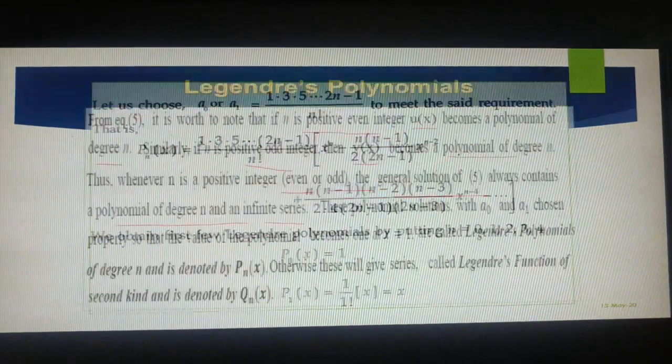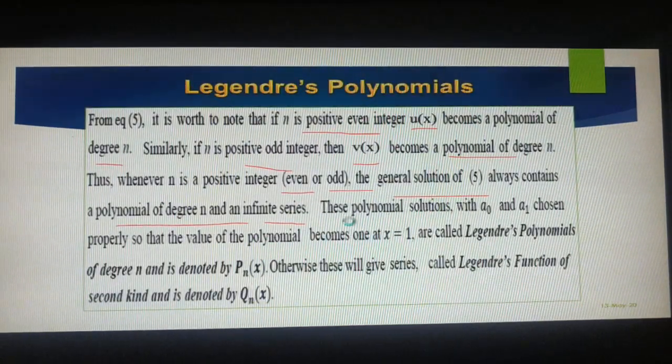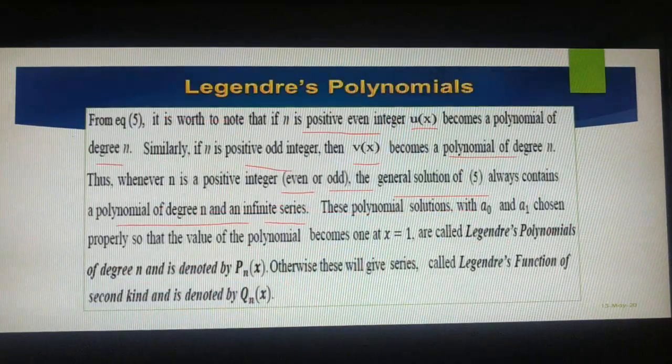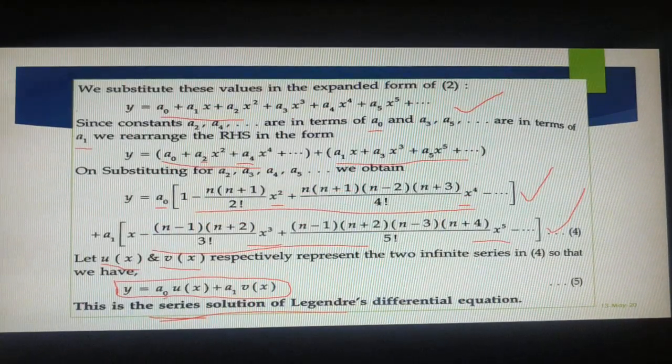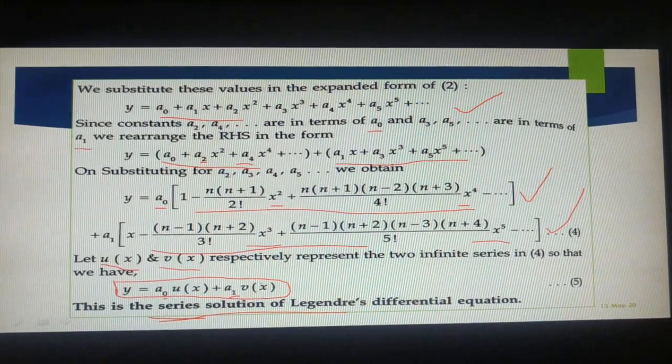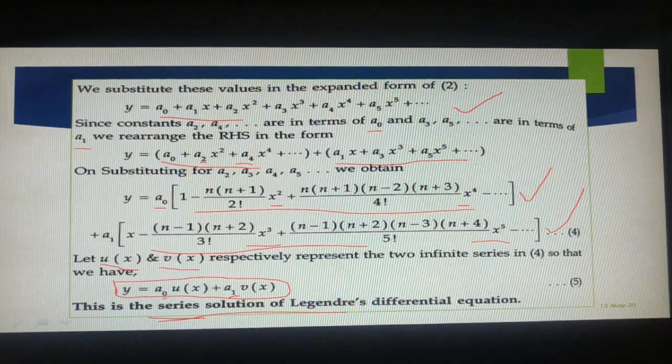Here we don't know the values of a0 and a1, isn't it? a0 and a1 are arbitrary constants. Let's assume some value. We have to take some value which helps us write this whole series in terms of some polynomial, and in such a way that when I substitute x equal to 1, we get 1.